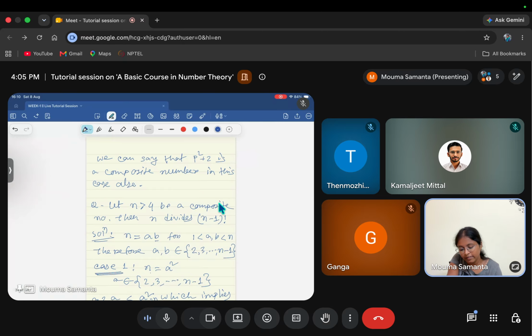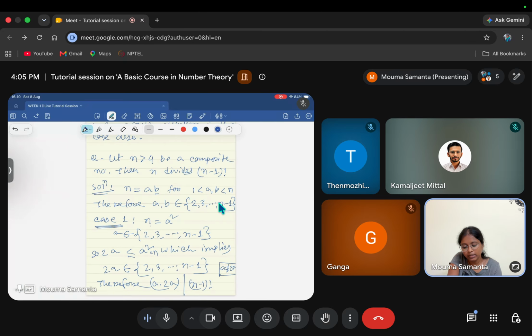But if n equals only A square, then A appears in the product (n minus 1) factorial, but another copy of A has to be present there. So for that we have considered the element 2A, and we have shown that 2A also belongs to the set 2 up to n minus 1.